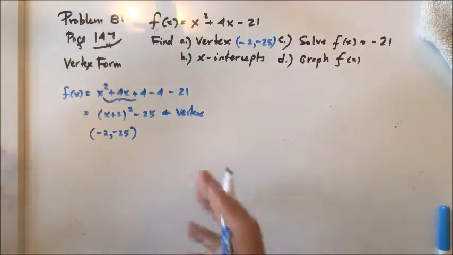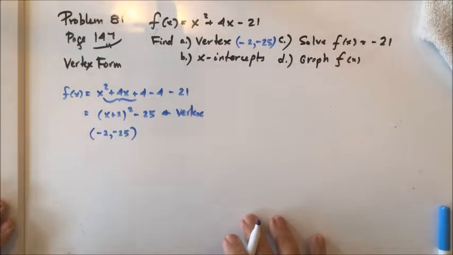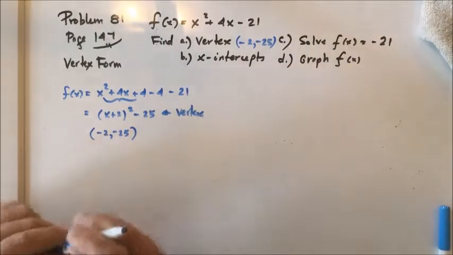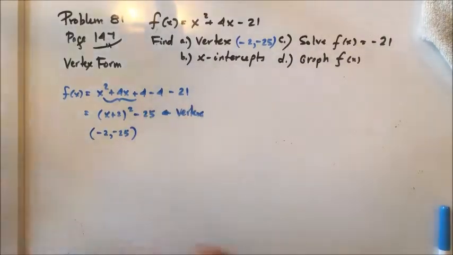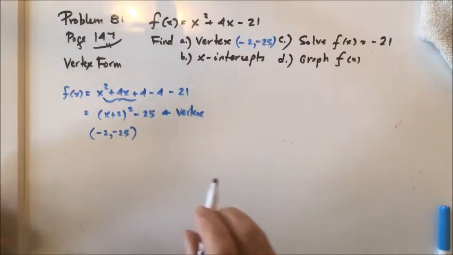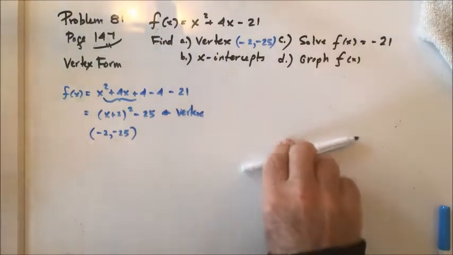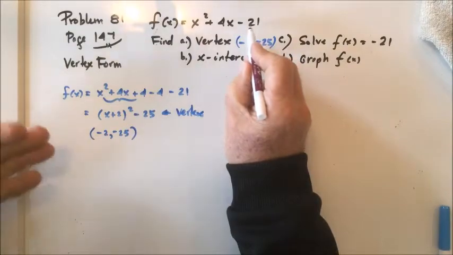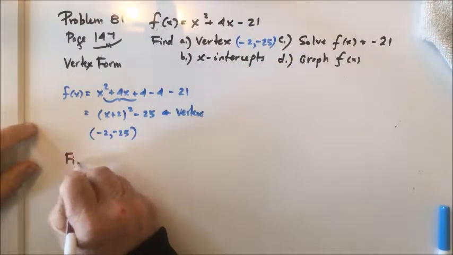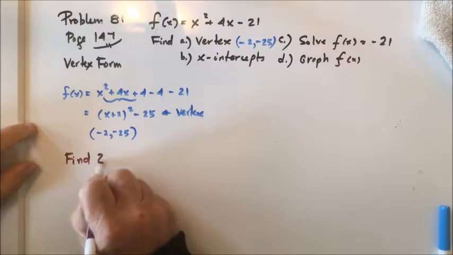And what the vertex form does not do for you very nicely is to find the x-intercepts. And so maybe what I'll do is start the problem again, rather than using this vertex approach. Let's just go and find the zeros directly, and to do that, we can really take two approaches.